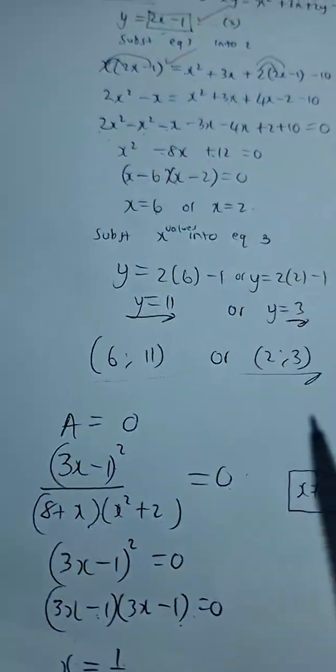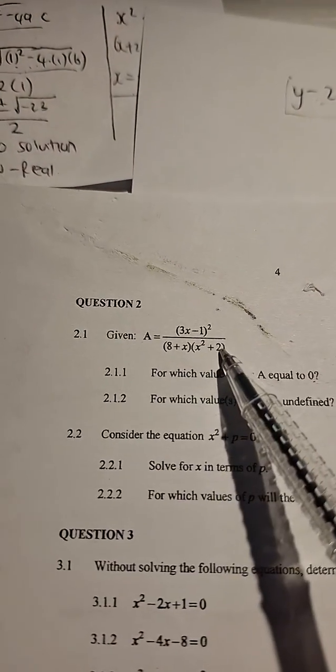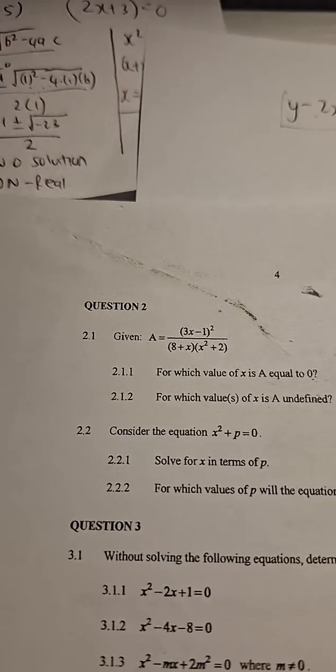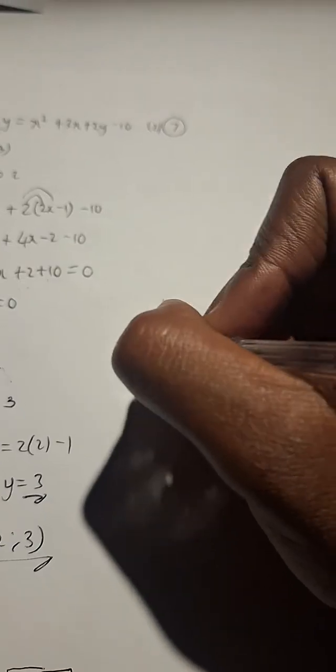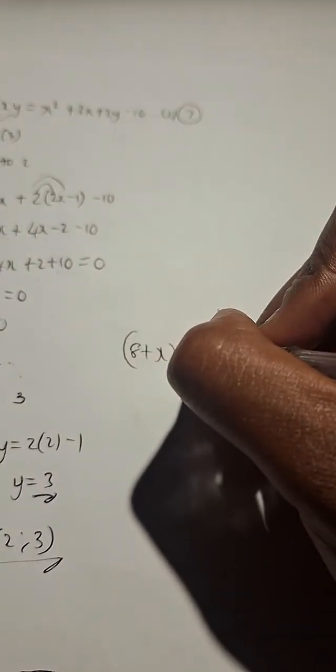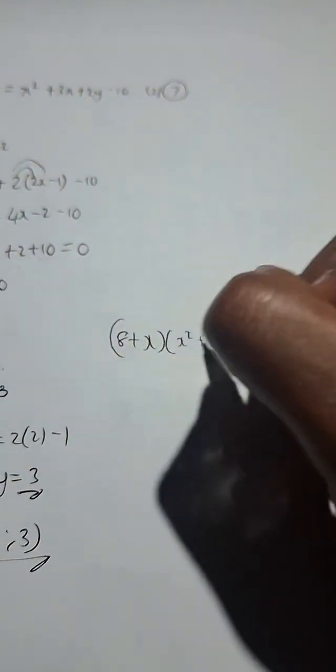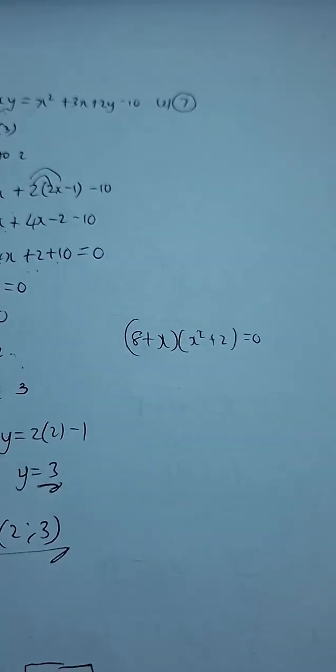Then if they ask another question, for which values of x is a undefined? Remember, what does undefined mean? It means 0 in the denominator. So I just go to the denominator, guys, and I write down what I have in the denominator: 8 plus x into x squared plus 2 is equal to 0.